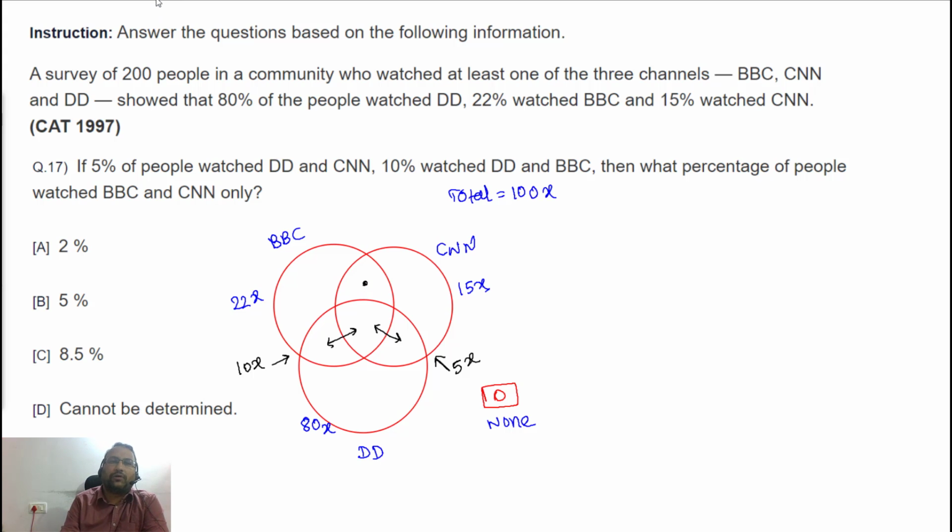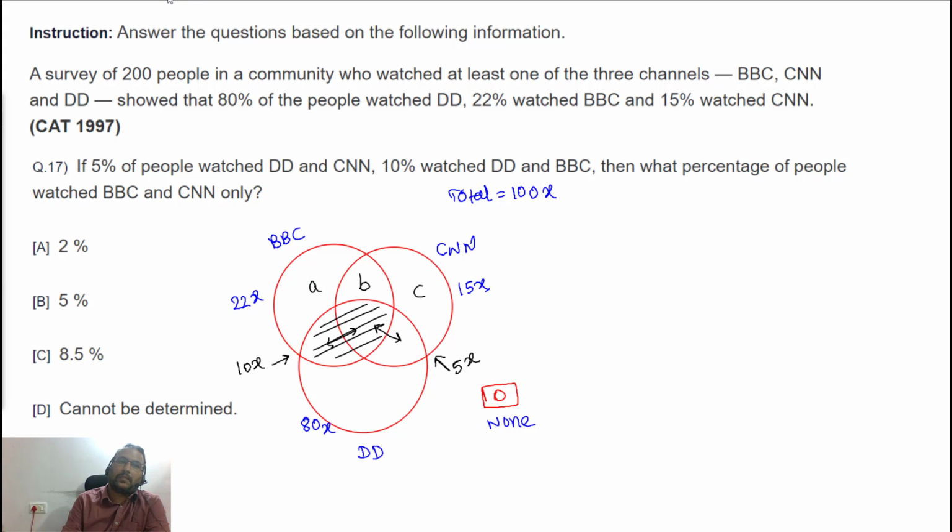So what we will do over here is, let's take these regions as A, B and C. Now the value of this region is equal to 10x.